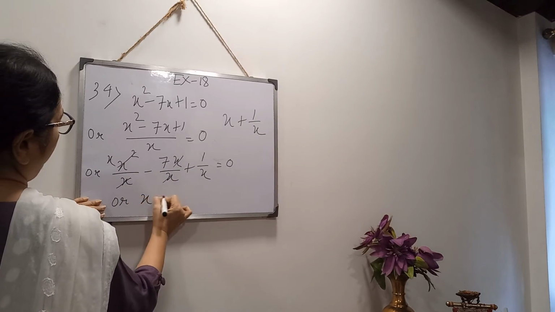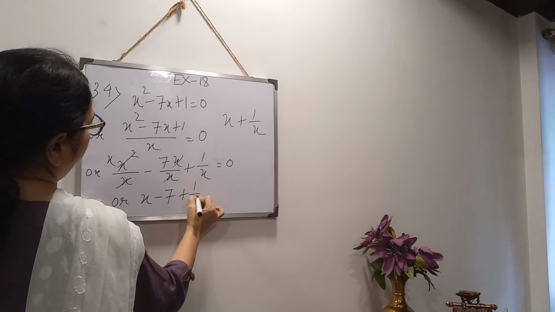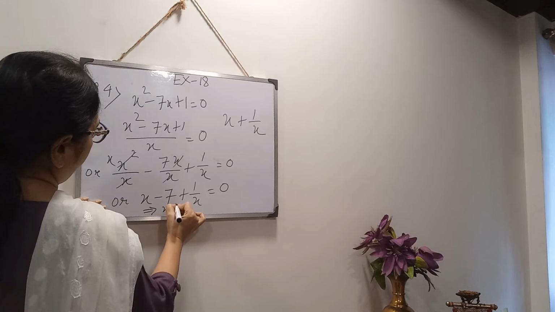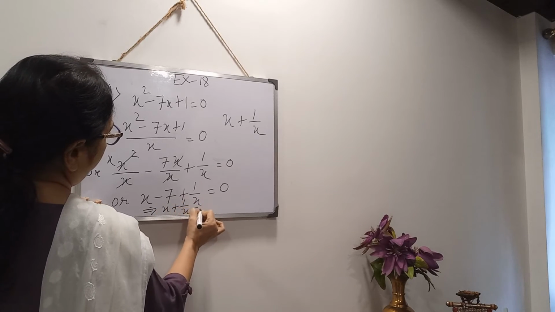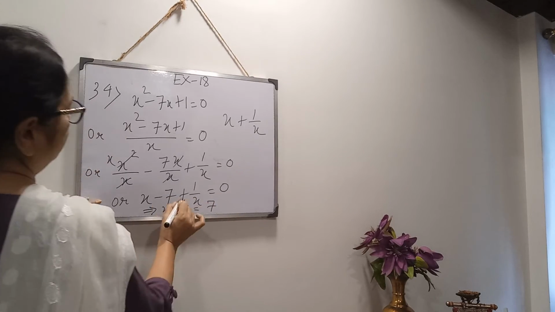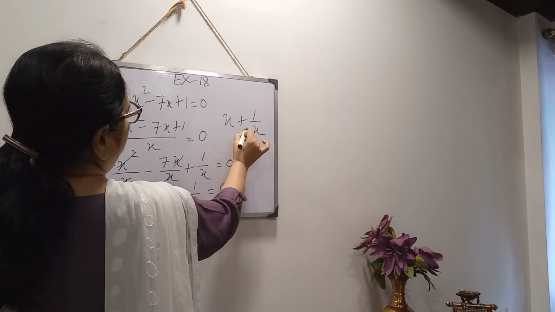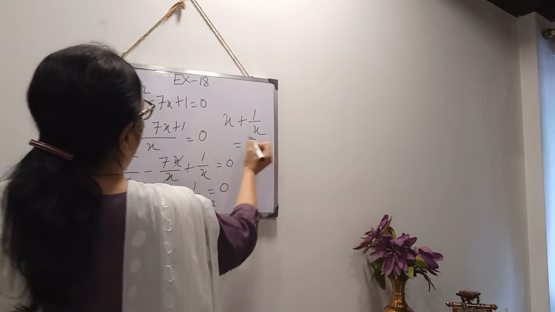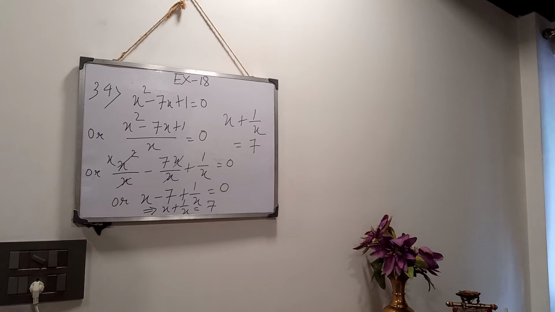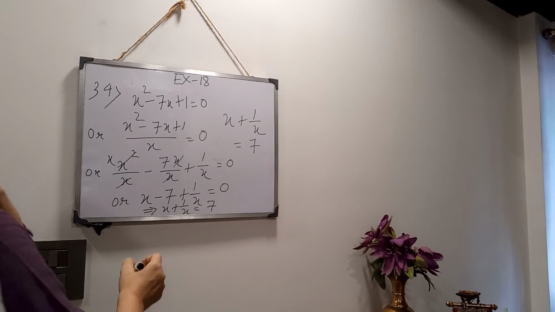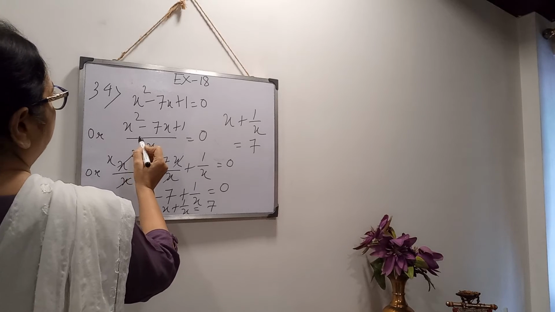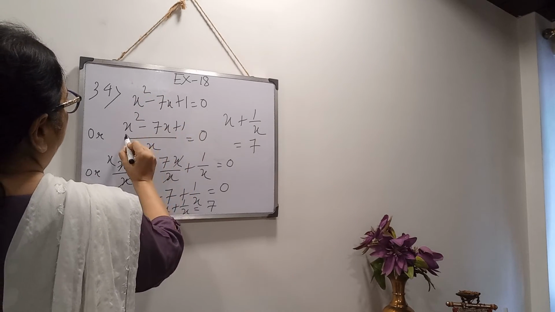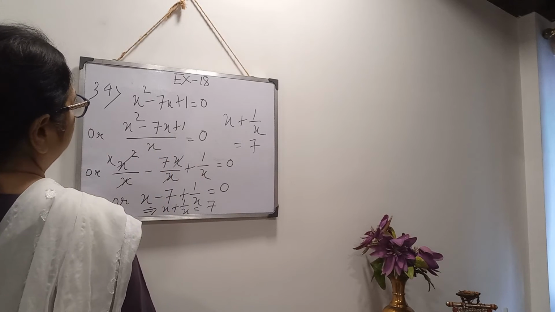So x minus 7 plus 1 by x equals 0. Or x plus 1 by x, 7 will go that side, is 7. This value you have to calculate. x plus 1 by x, we have got 7. So this is the answer. Clear? So here what we have done, we have divided both sides by x. Clear?